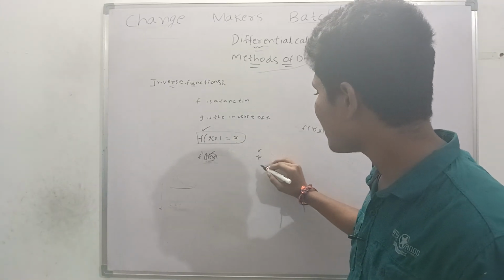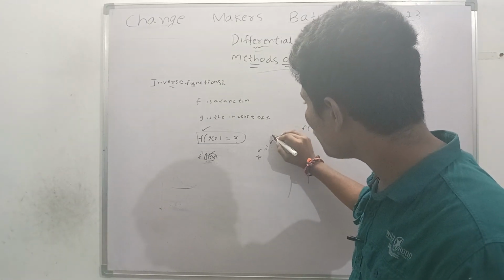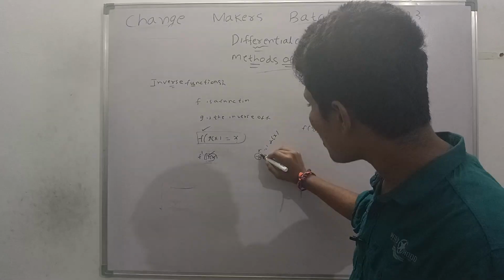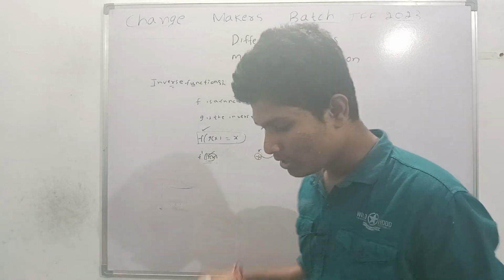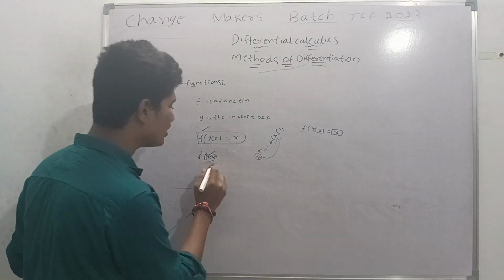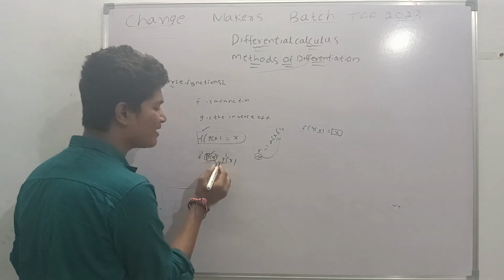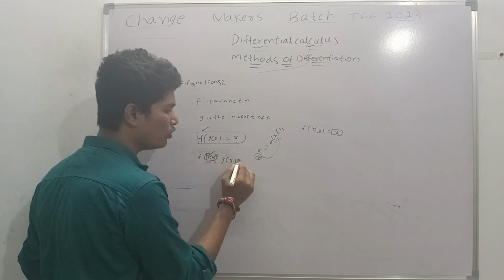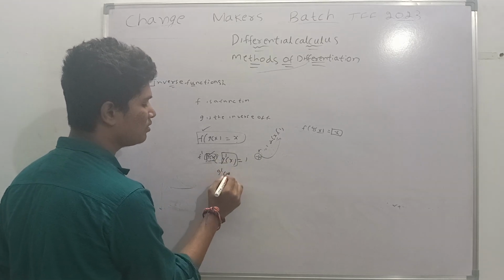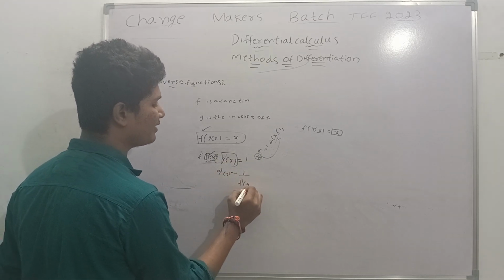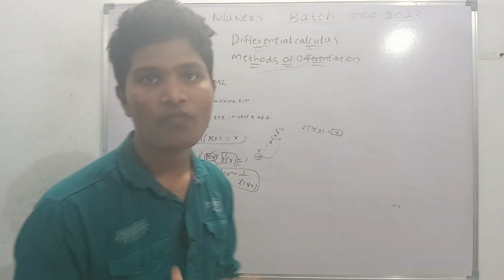Suppose there is an x square function, if you differentiate this, that is 2x, and then you differentiate the inside function, that is 1. Like this, for f dash of g of x you have to multiply g dash x, because g dash x is the differentiation of g of x. When you do this, the right side is 1, and to get g dash x, you can easily divide like this. This is the process for finding the derivative of inverse functions.